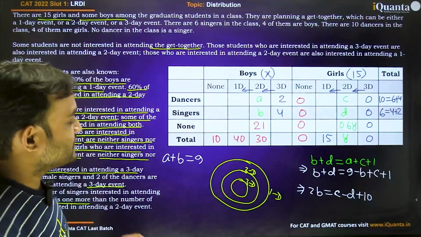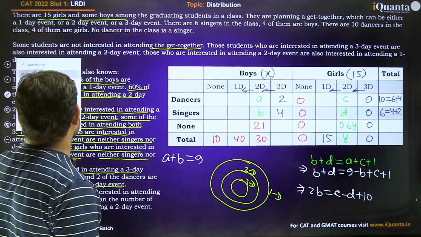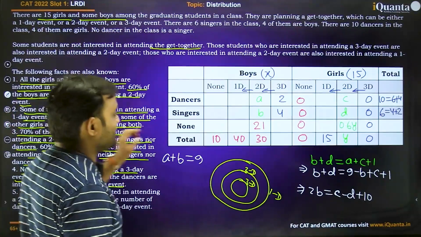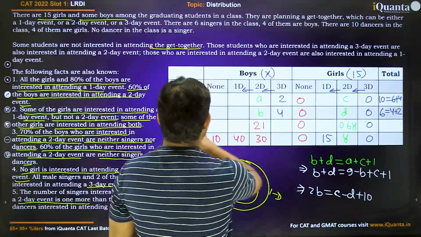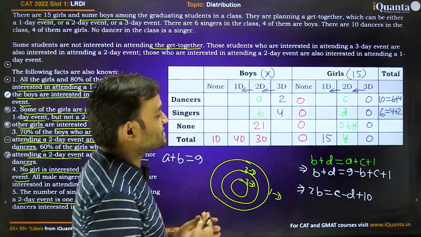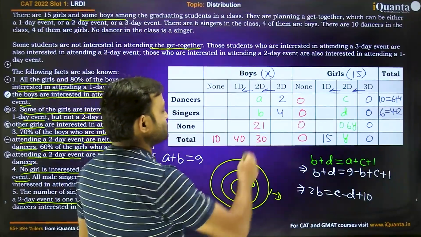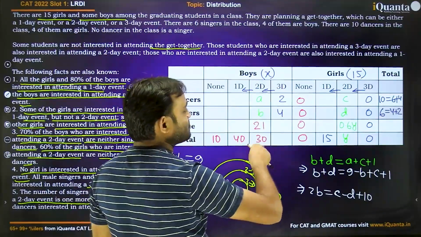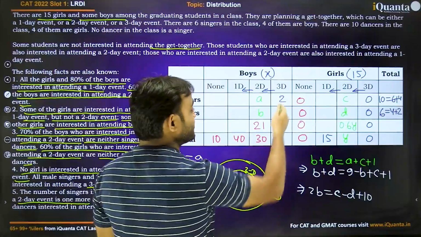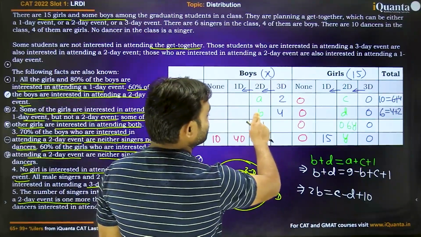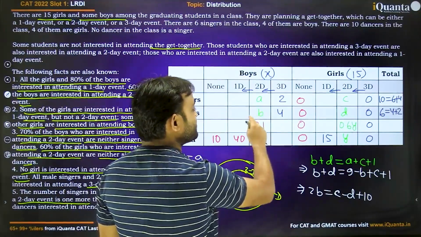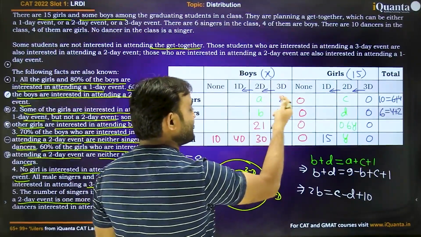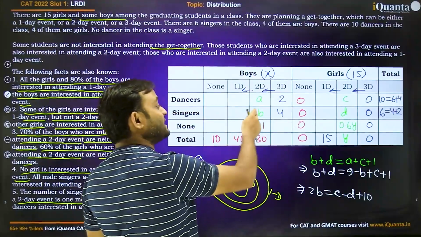Now, let us think about this. If the sum of these two values is 9, we know the total number of boys who are singers is 4. So the number of boys who are singers and attending a 3-day event is 4. This cannot be 5 or 6 or 7 or any other value, because all the boys attending 3-day events are also attending 2-day events.